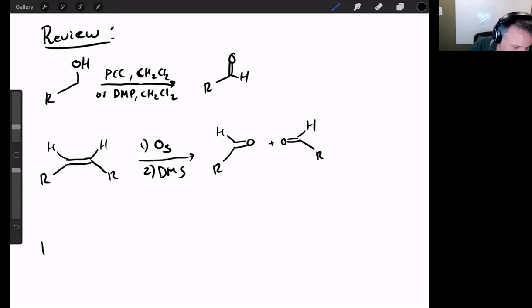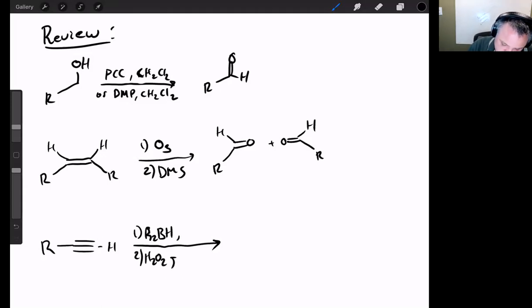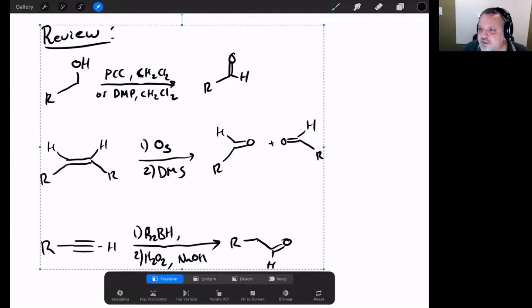And then don't forget the anti-Markovnikov hydration of an alkyne. It doesn't produce an enol, or it does, but the enol then rapidly tautomerizes to a ketone or an aldehyde. In this case, it would be the aldehyde. So there are some ways to make aldehydes. We should know all of these already.